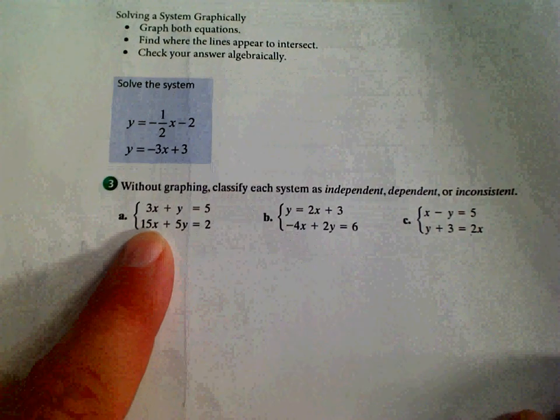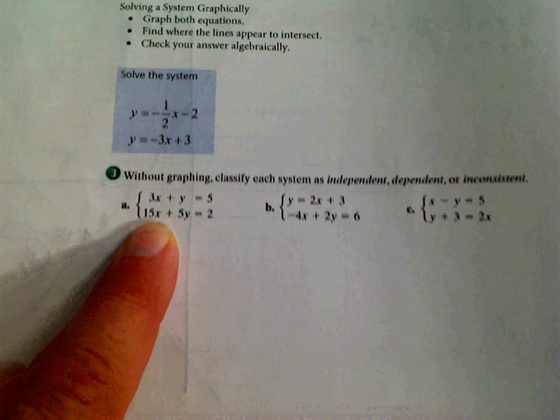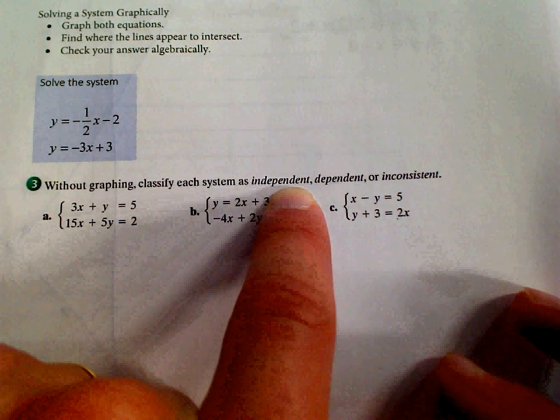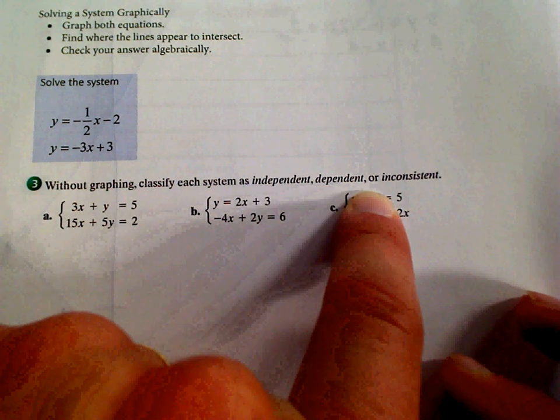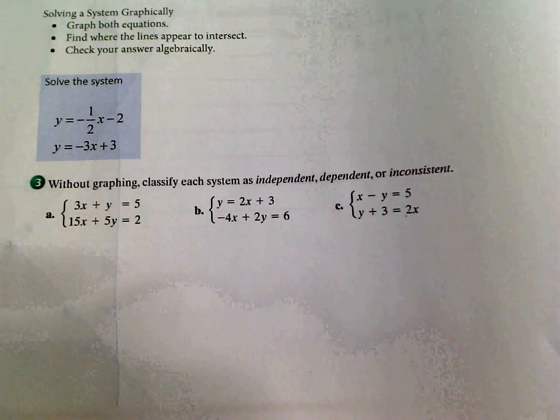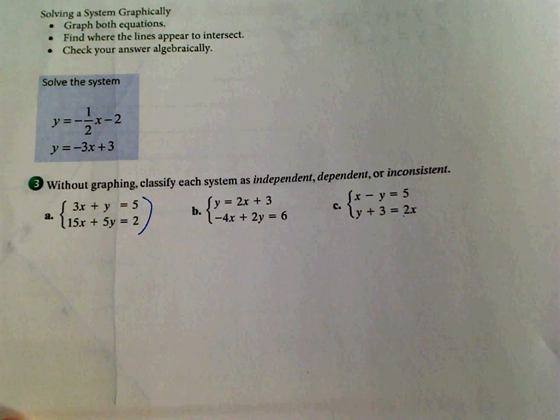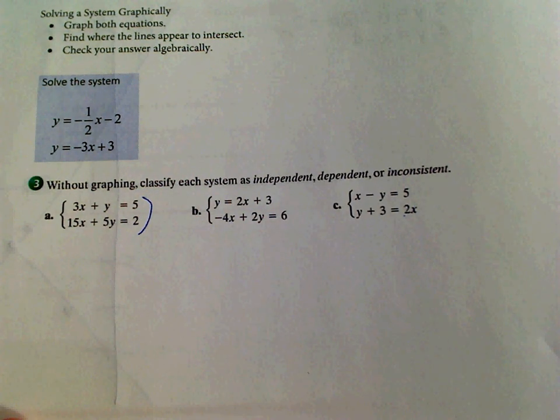So down here at the bottom, without graphing, we're going to classify each as independent, dependent, or inconsistent. So, both of these are in what form? Standard form. Awesome.